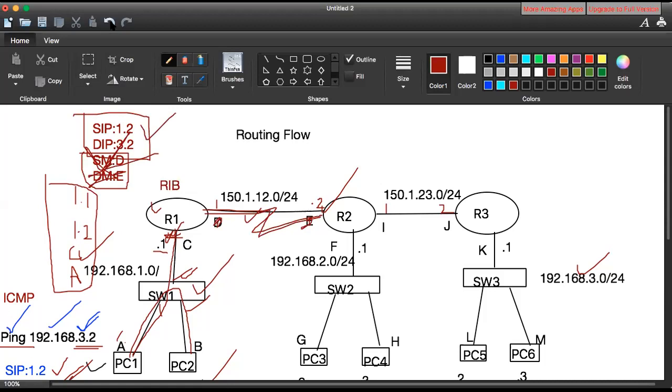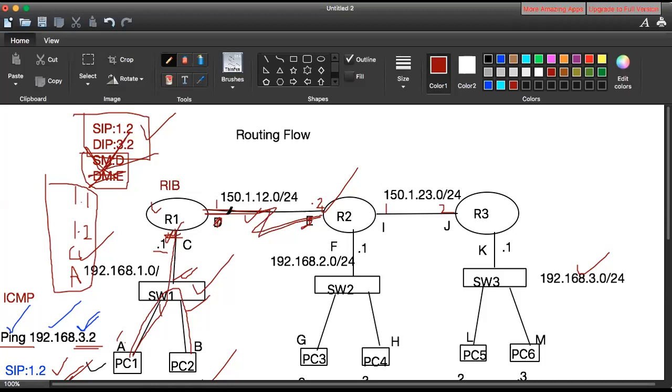So the reason it took the source MAC is that R1 is sending the packet further on the LAN interface, and the LAN interface has got the MAC address. Okay, so based on the interface where it's sending, that MAC address we have to give, right? Yeah. And on a serial interface there is no MAC address, correct?